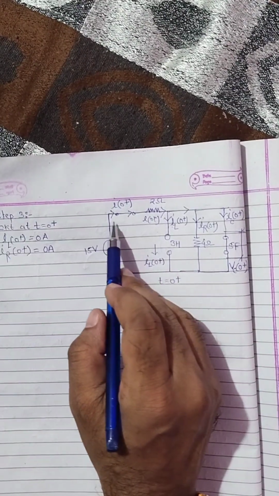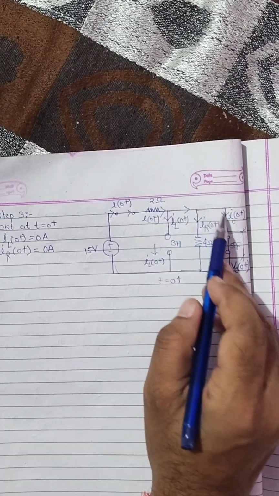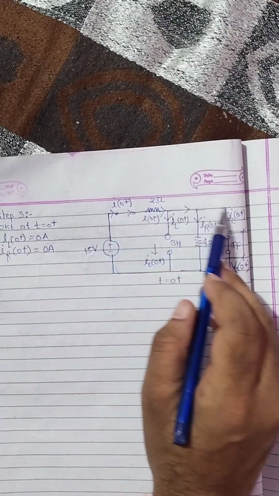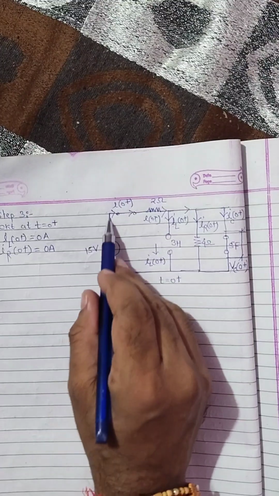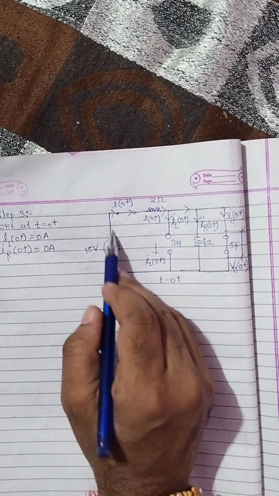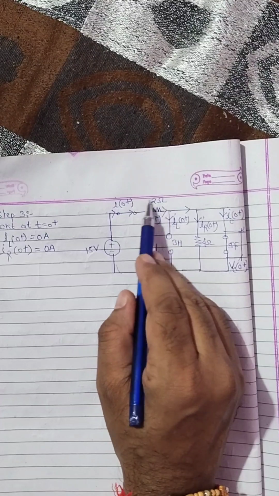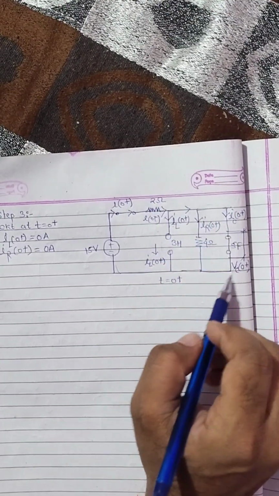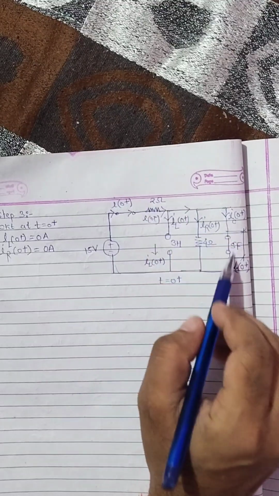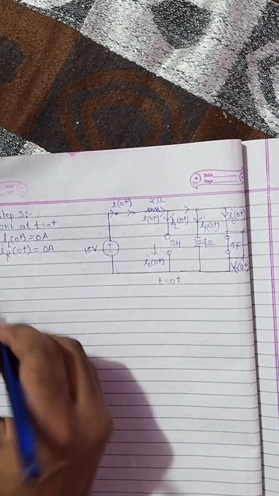Now in this whole path there is a flow of current I(0+). In this closed path we can see there is one voltage source and one resistance of 2 ohm. So we can calculate I(0+) by using Ohm's law.